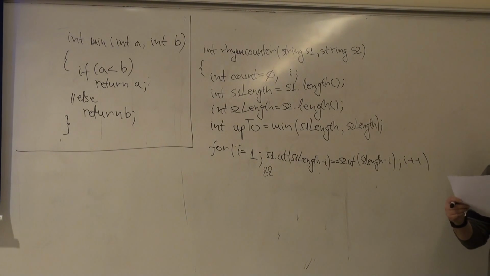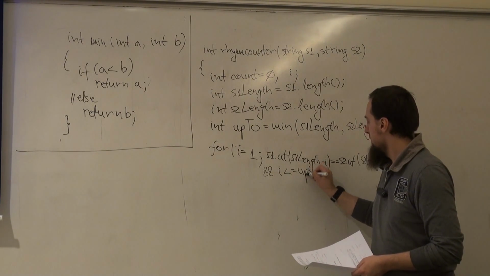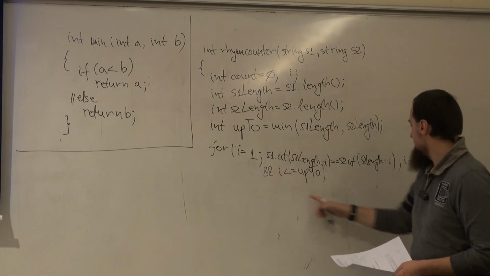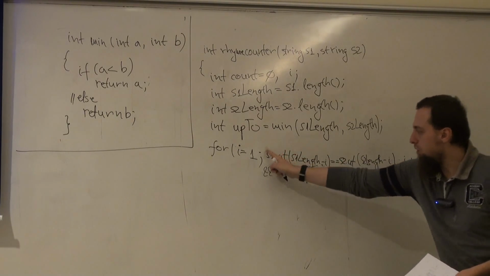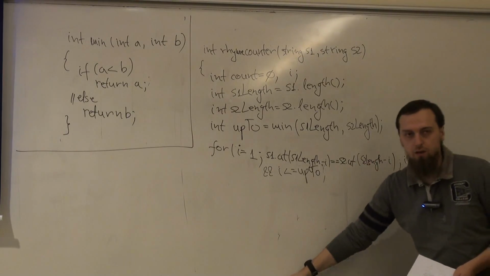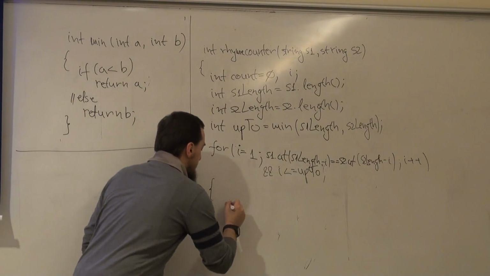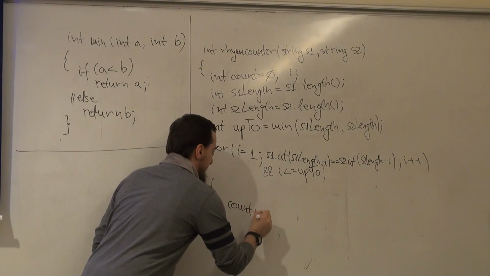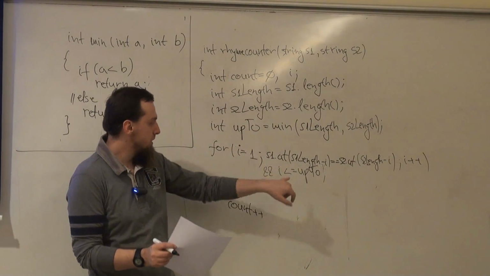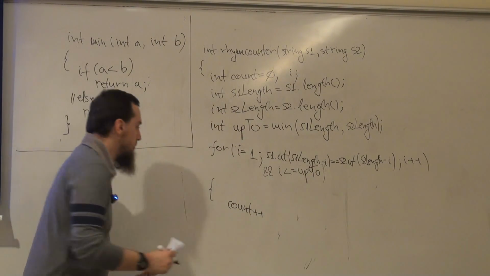Nice question, by the way. Okay, so this is part of the same clause. Always here you put conditions, and if those conditions are fulfilled, you go inside the for loop. We have count plus plus. So if there is a matching between the characters and we have not gone to the minimum, then very nice, increment the counter.